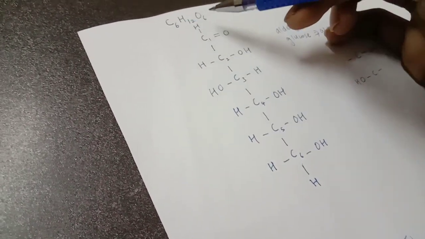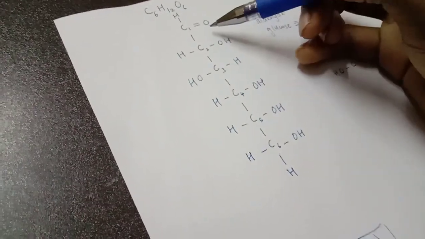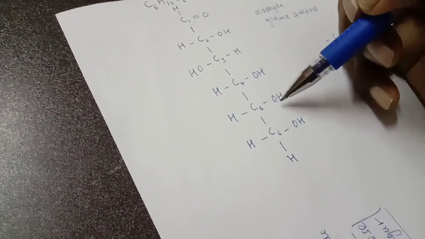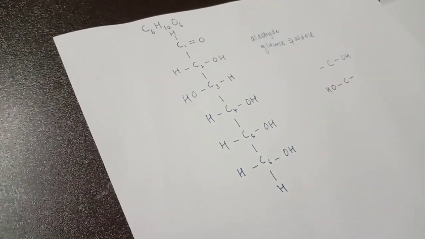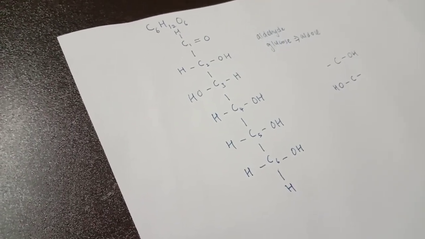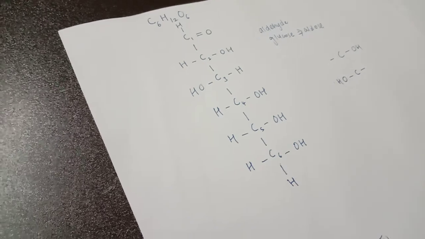H, there are 12 H's. Now you check on with the O. Are there 6 O's? 1 O, 2 O, 3 O, 4 O, 5 O's, and 6 O's. And yes, there you go. You have C6H12O6, glucose, in its straight chain.